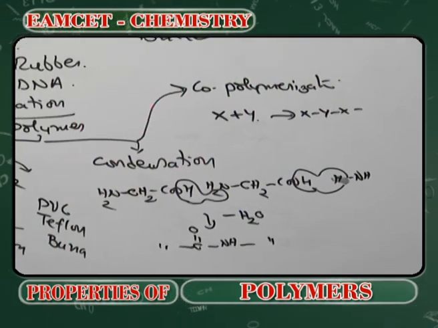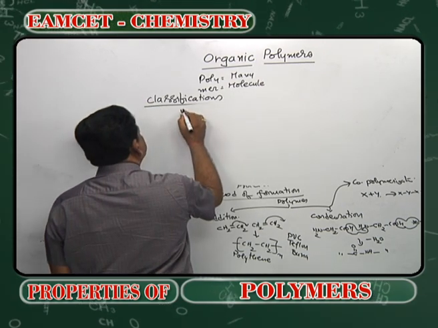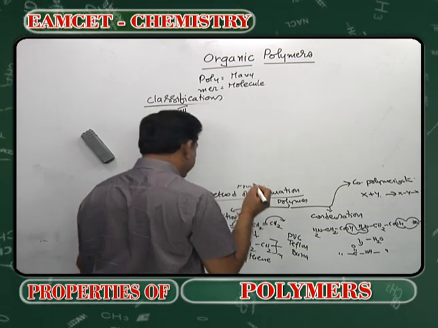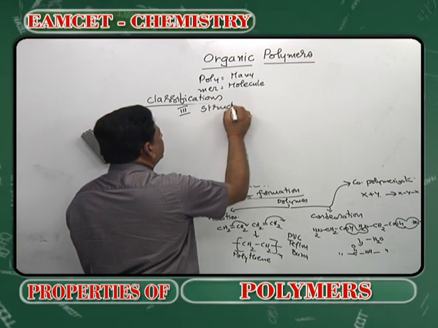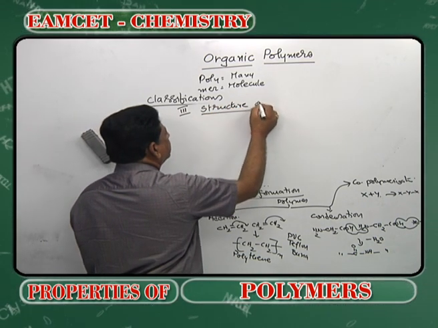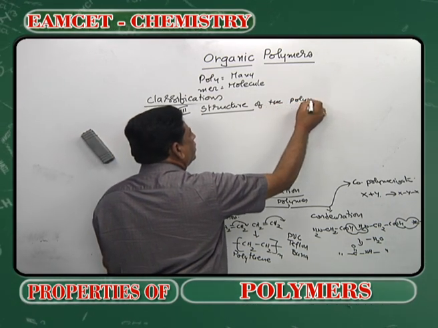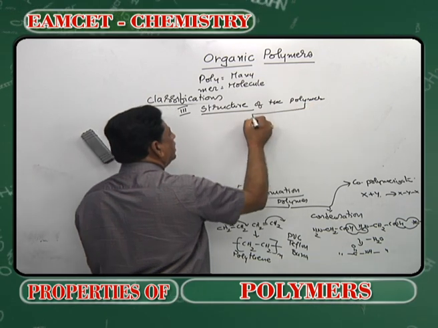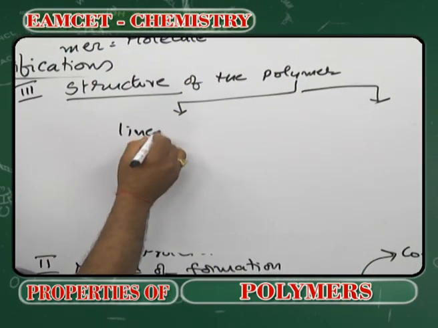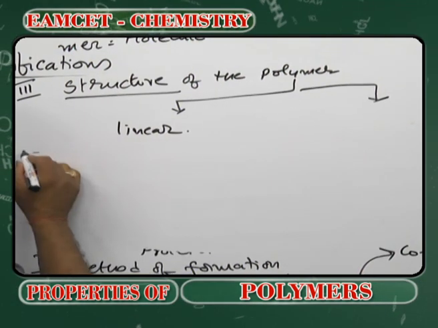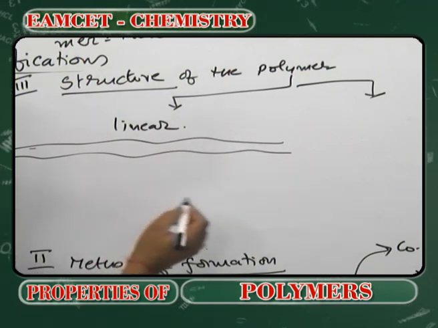Now let us go to another type of classification, the third type, which is based on the structure of the polymer. Line-shaped polymers are called linear polymers, meaning long chains, with van der Waals forces in between.